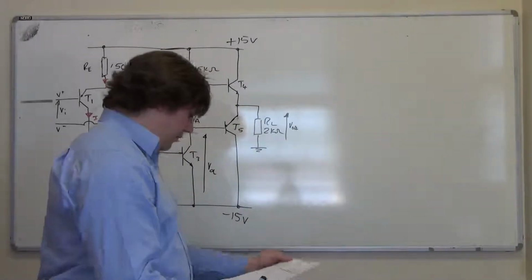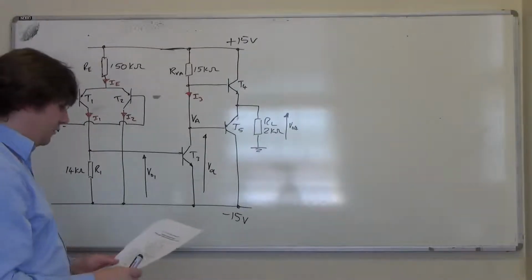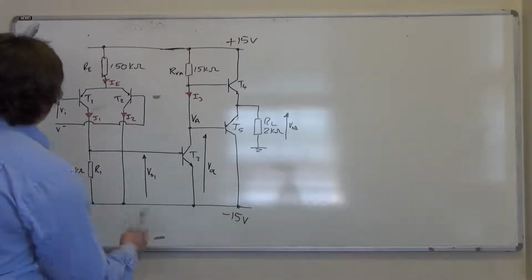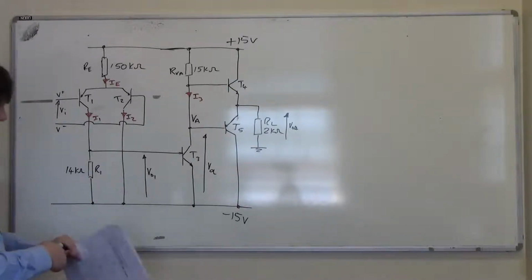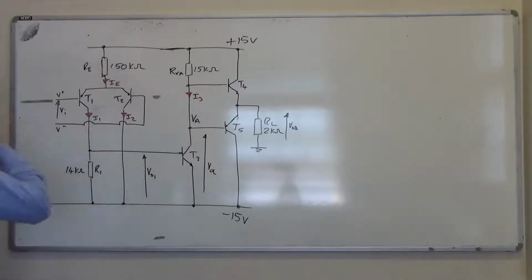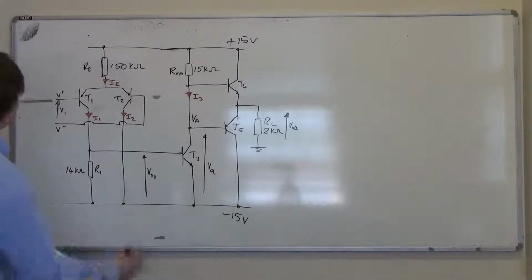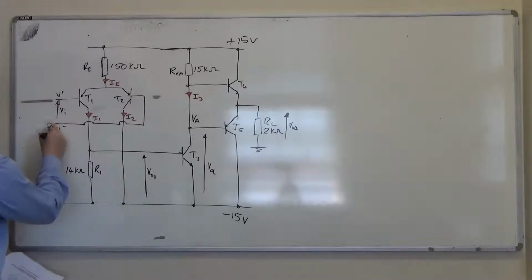There are a lot of ways to tackle this, and it's more or less your choice about the order. But I'll start in the same order as the sheet because it means the two things tally up quite well. And we'll start by dealing with the quiescent current in the differential pair. So for IE, the easiest method is to say, well look, this is 0 volts.